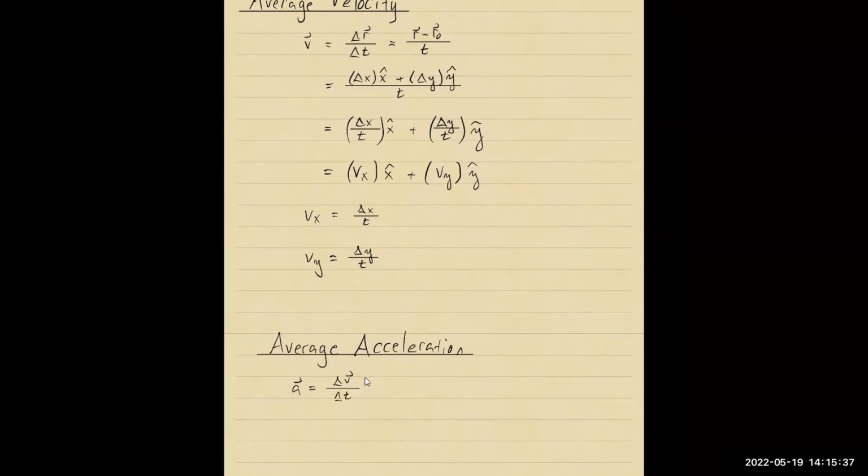But notice that since our velocity is defined in 2 dimensions, we can rewrite this as the change in velocity in the x direction divided by the elapsed time. All this is happening in the x direction, plus our change in velocity in the y direction divided by the elapsed time. And all that is happening in the y direction.